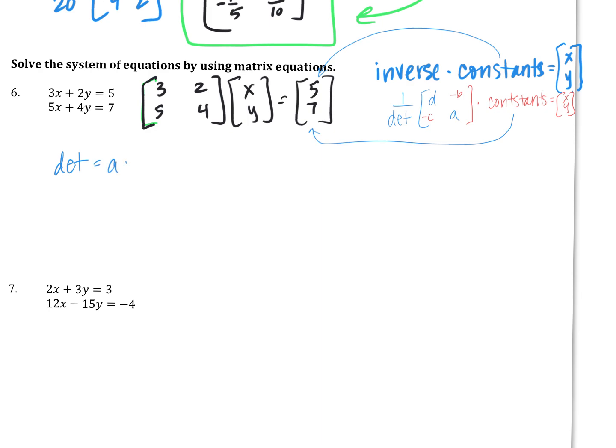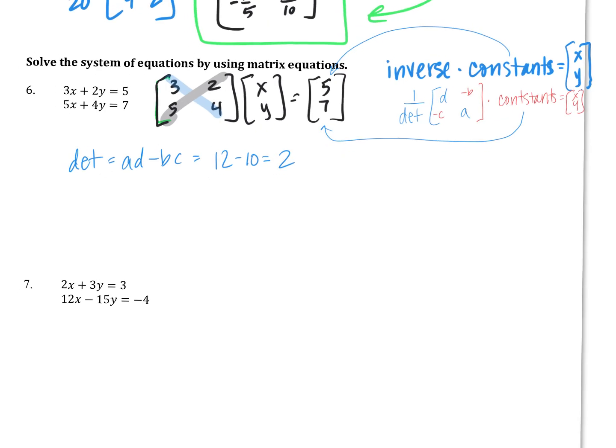Maybe Amelia, you want to write AD minus BC because you might be like, okay, how do I find that determinant again? And here's how we do that. Boom minus boom. 3 times 4 minus 5 times 2. You guys down with a little 12 minus 10? What's that determinant? 2.